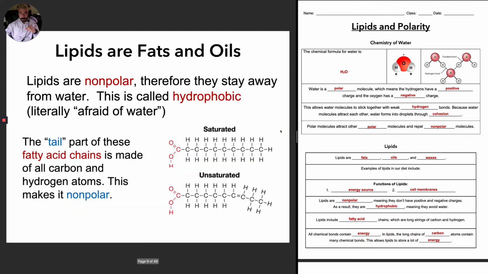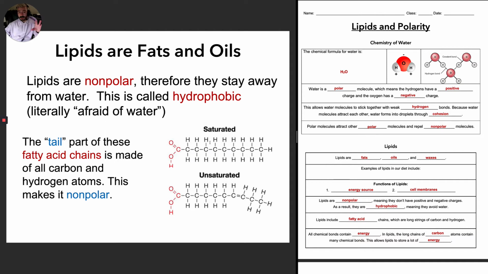Like we said, lipids are things like fats and oils. And lipids are nonpolar. And because of that, they stay away from water. Remember, polar and nonpolar don't interact. And we call this hydrophobic. Hydro means water. Phobe, like phobia, means fear. So hydrophobic literally means afraid of water.